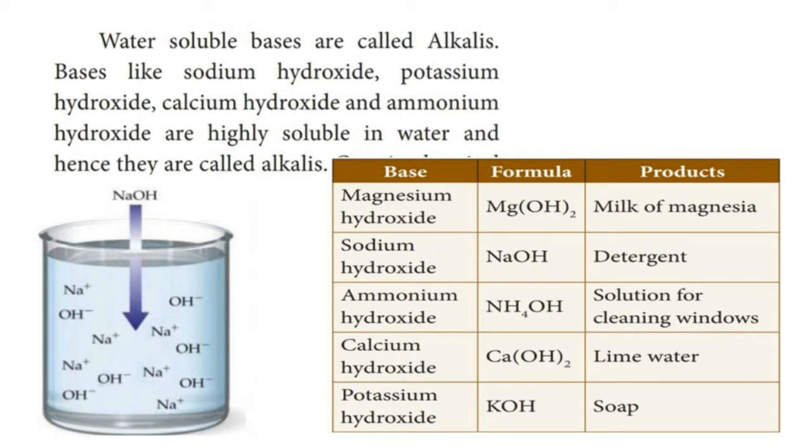Next, solution for cleaning window. In solution for cleaning window, they are using ammonium hydroxide, NH4OH. Next, in lime water, there is calcium hydroxide, Ca(OH)2. Next, in soap, there is potassium hydroxide, KOH.